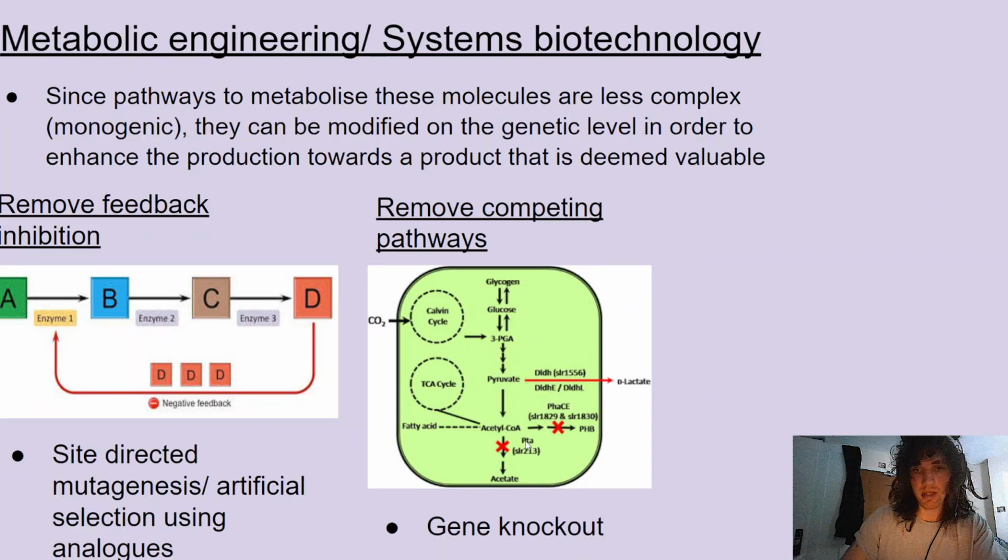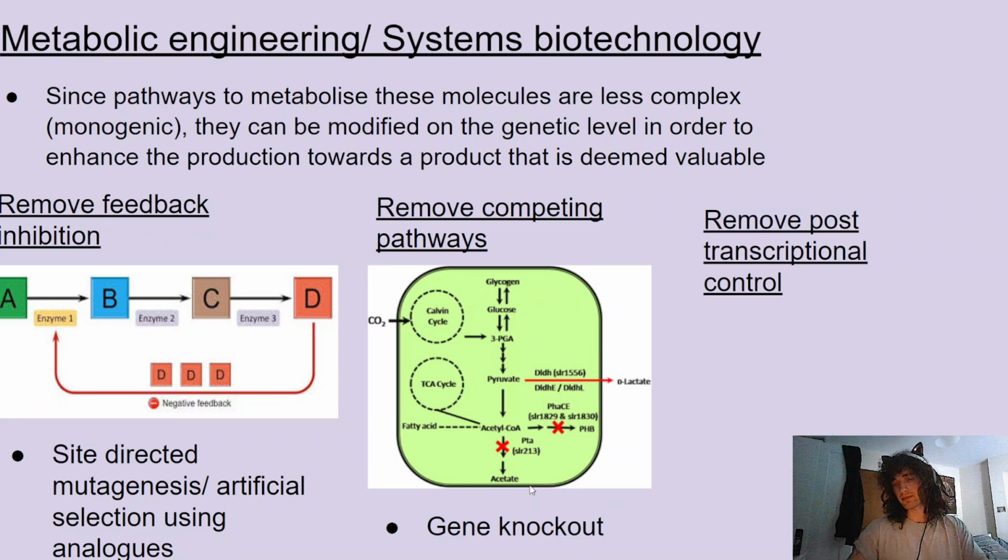If we do this, we don't need to knock these two out. We can make only one change and have the same effect. Well, as I said earlier, acetyl-CoA is a primary metabolite. The cell needs this for growth. So yes, the flux to beta-lactate will increase drastically, but cell growth will be greatly reduced. And so the cost just outweighs the benefit.